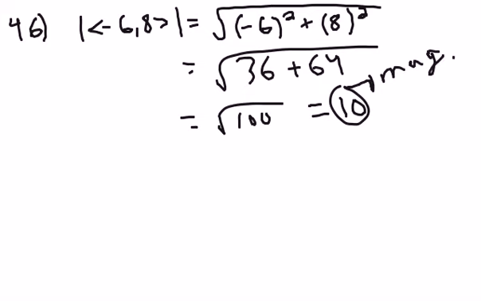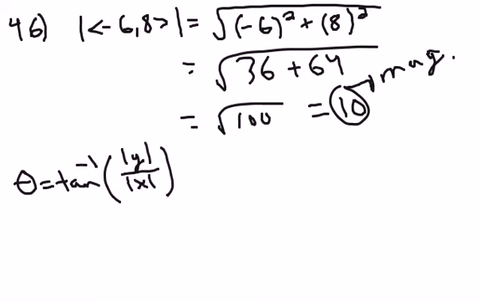So that's your magnitude. And then for the direction, I'm going to use the tangent inverse formula. One thing to note is this will always give a quadrant 1 angle, so I need to adjust it based on the quadrant that it's actually in.